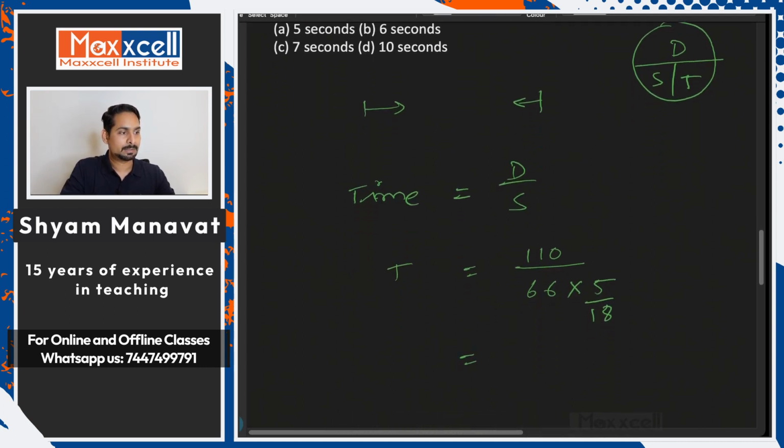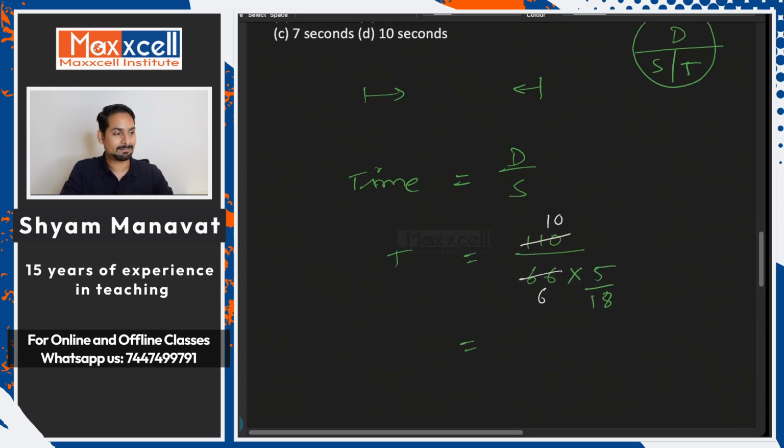Here you can cancel by 11. 11 1s are 11, 11 6s are 66. Can we cancel by 6 here? Yes. 6 1s are 6, 6 3s are 18. Now the denominator will go into the numerator. Now we can cancel more. 5 1s are 5, and 5 2s are 10.